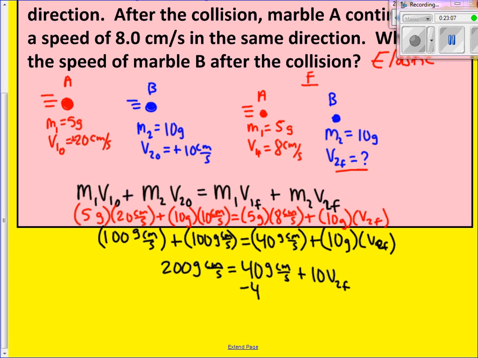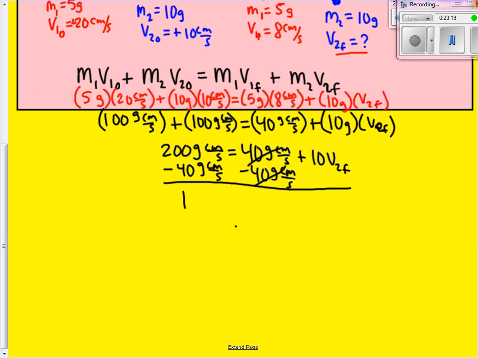Let's subtract 40 grams centimeters per second from both sides. And so that gives me 160 grams centimeters per second is equal to 10 V2 final. Divide both sides by 10 grams.